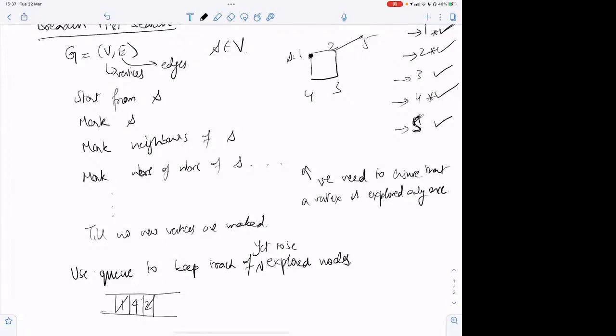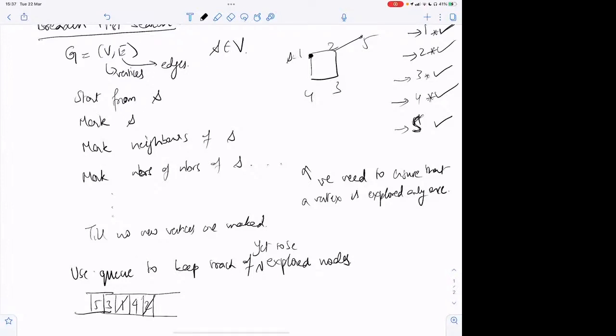Now I remove 2. Correct? And I look at its neighbors, 1, 3, and 5. 1 is already marked, so I don't do anything with it. 3, is it marked? No. So I mark it and put it at the back of the queue. And 5, is it marked?